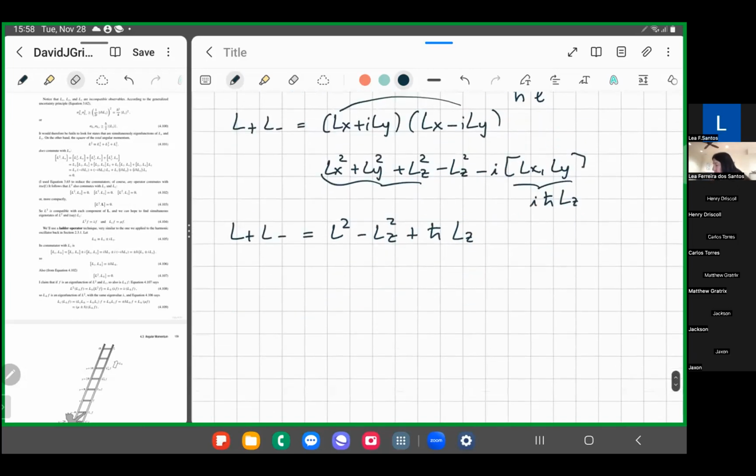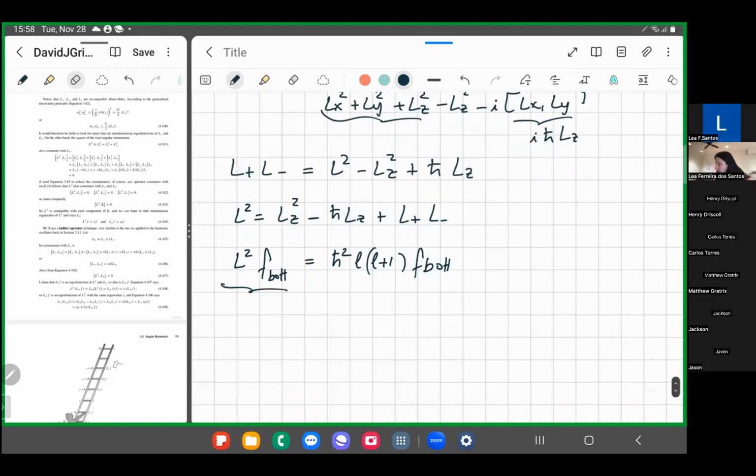Okay, so again, I found a new way to write the L squared as Lz squared minus ħ Lz, plus L minus L plus. Again, I'm going to act on the bottom function. And I know that this has to be that lambda. I know that that lambda is ħ squared L times L plus 1. This doesn't change. Okay. But on this side here, what is it that we have?